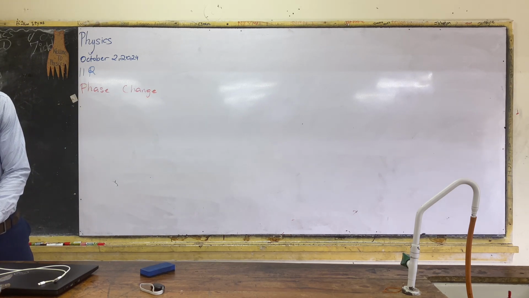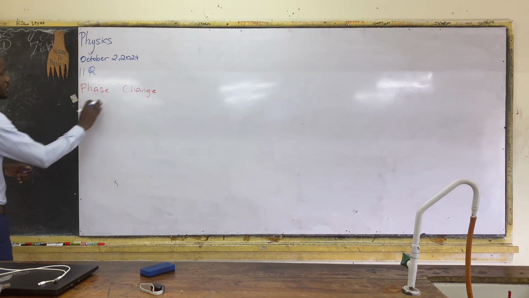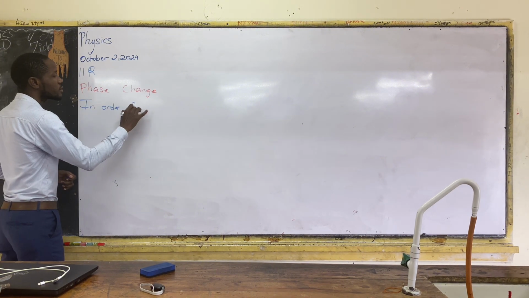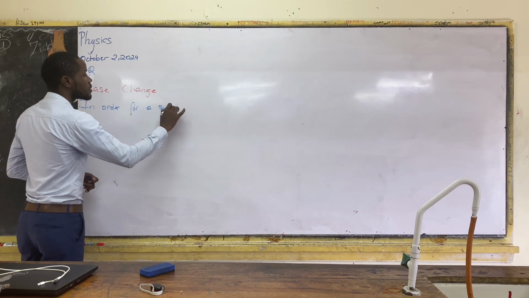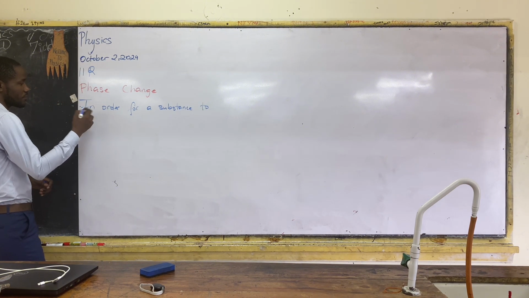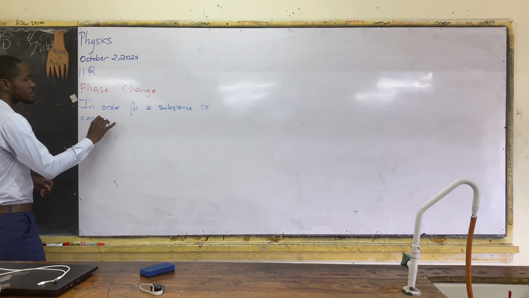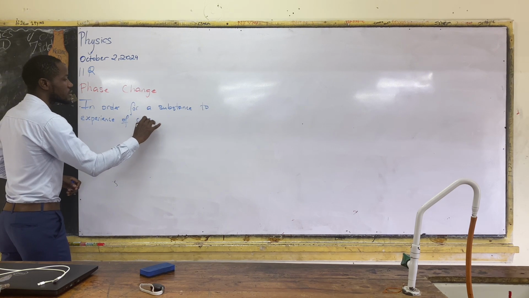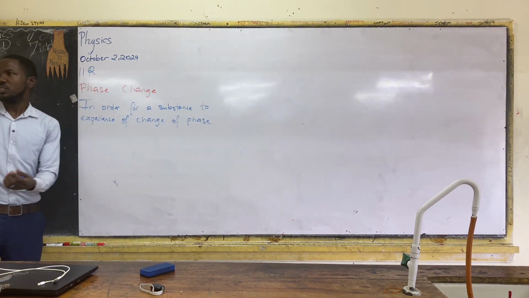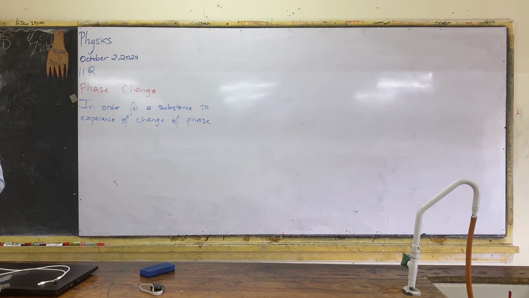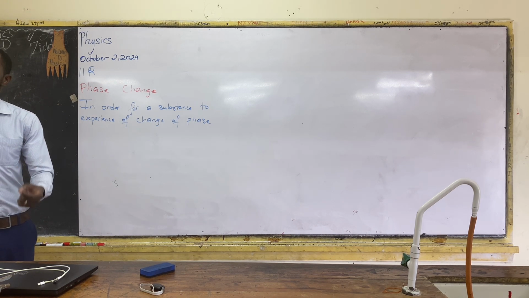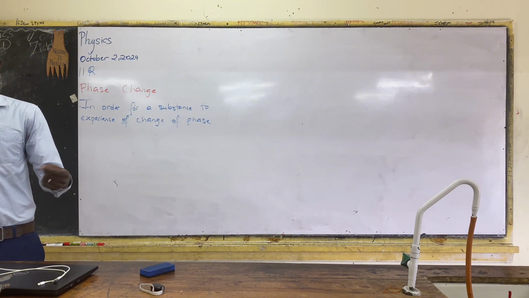So what we're going to say now is that in order for a substance to undergo or experience a change of state or change of phase, and by change of phase we usually just mean it's changing state, because we talk about states of matter. Matter exists in different states, and we can refer to those states as individual phases.